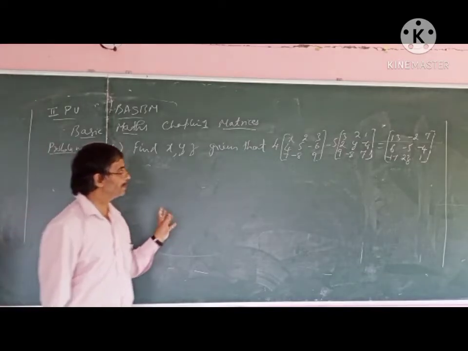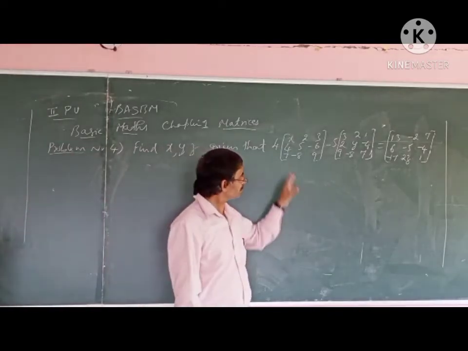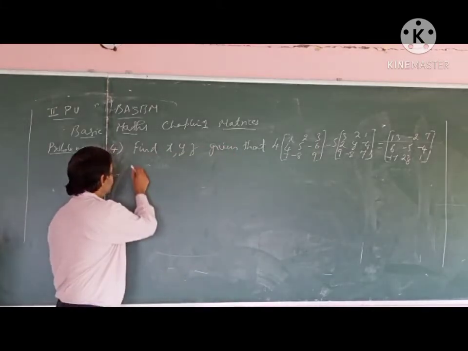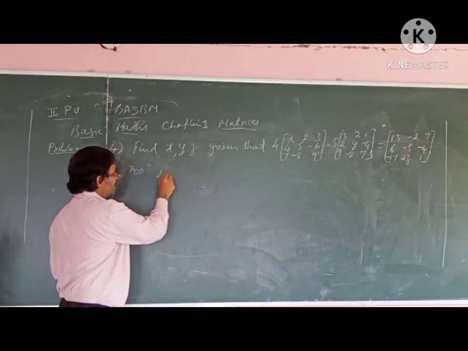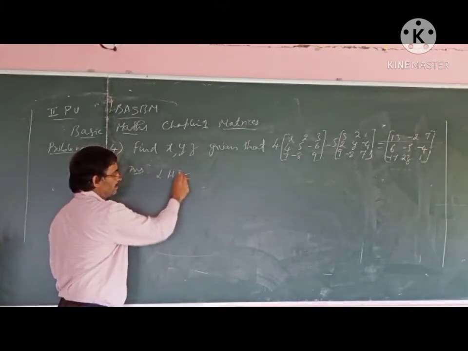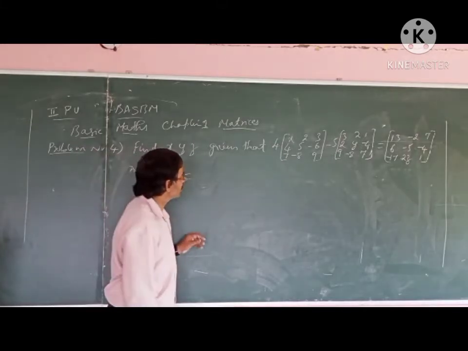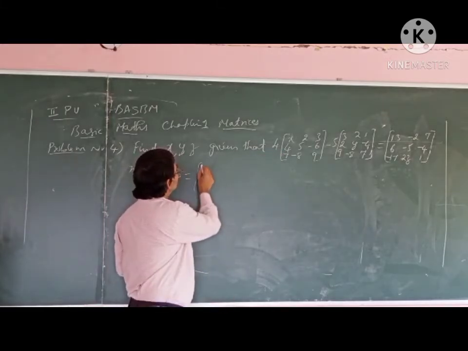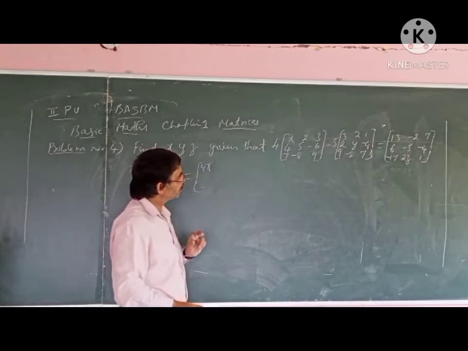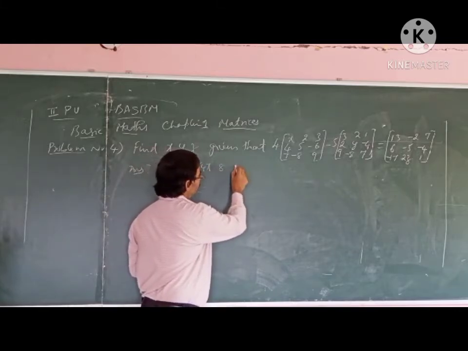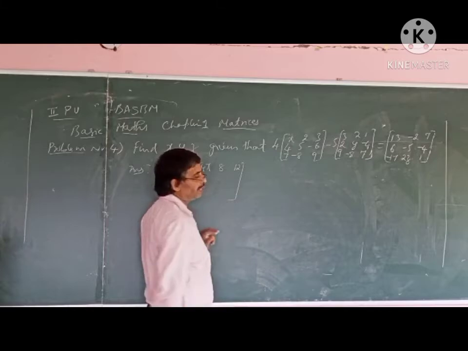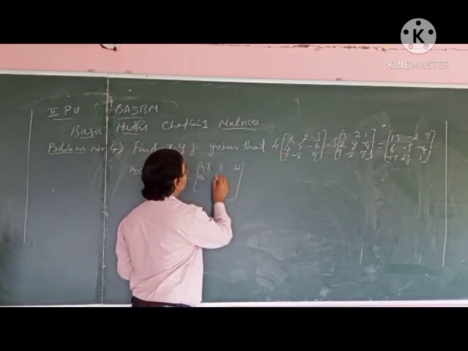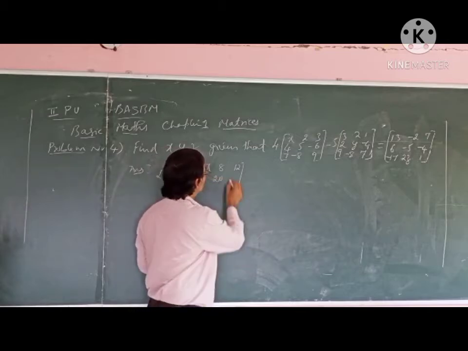Comparing means you have to compare the corresponding elements. So first do the left hand side. First I will multiply 4 into each element. 4 into x, 4x. 4 into 2, 8. 4 into 3, 12. 4 into 4, 16. 4 into 5, 20. 4 into minus 6, minus 24.